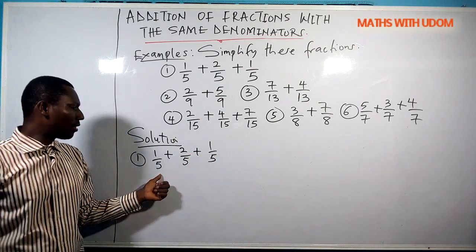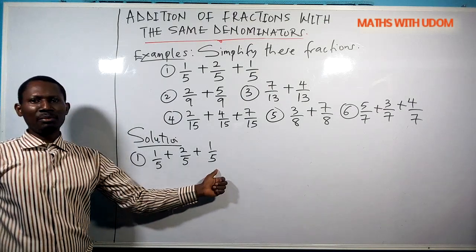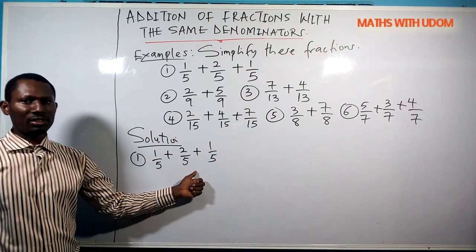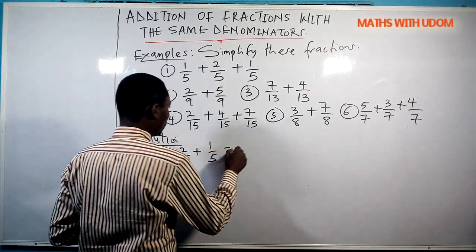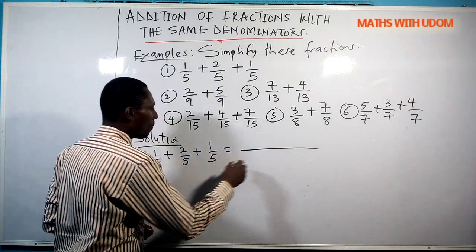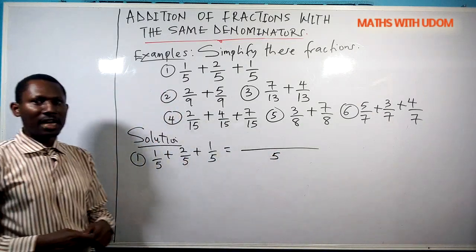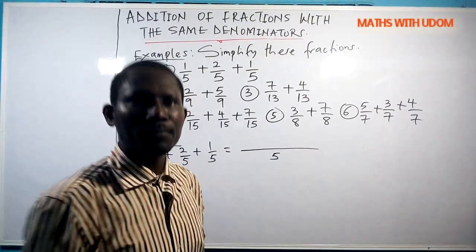We notice that all the fractions have the same denominators. So the denominator is 5. So what do we do with it? We pick one of the denominators, which is 5, and we place that denominator under the division line.